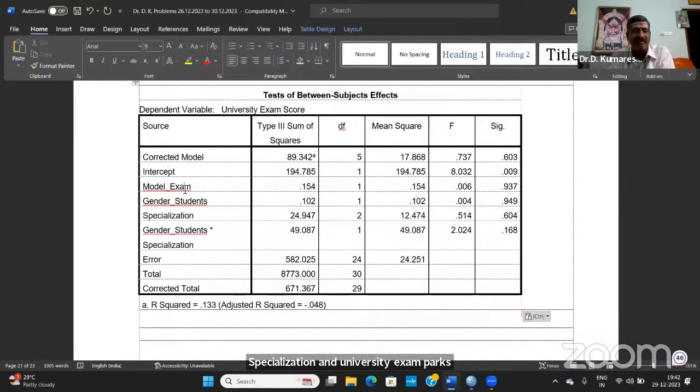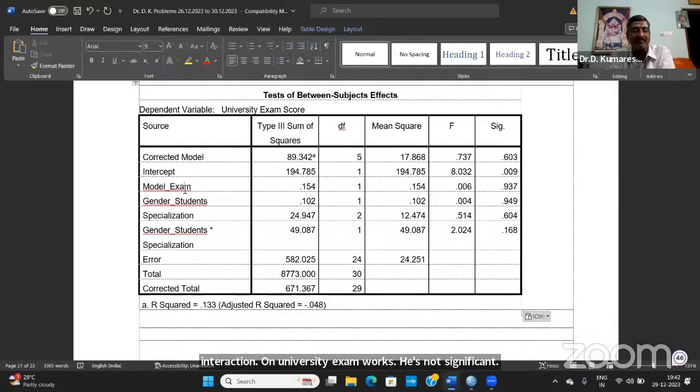Then gender and specialization interaction. P-value is 0.168. That is also greater than 0.05. So the impact made by the gender specialization interaction on university exam marks is not significant.